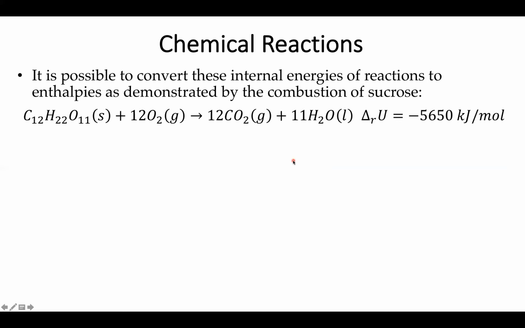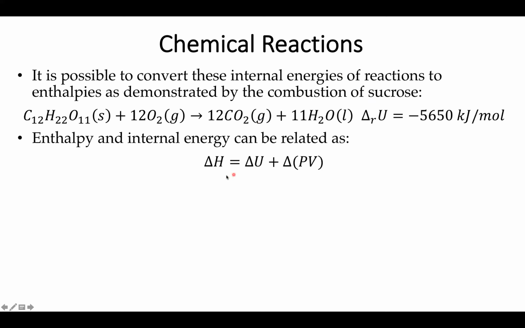And we can really demonstrate this by assuming somebody performed a combustion reaction for sucrose. So by measuring the change in temperature, they were able to figure out exactly how much energy was produced by this reaction. Then, using this internal energy of reaction, you can relate it to the enthalpy using classic enthalpy equals internal energy plus the change in PV.